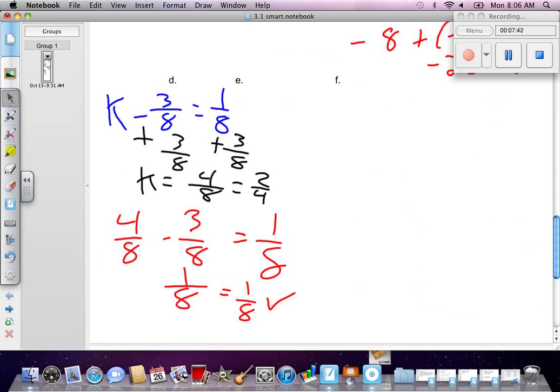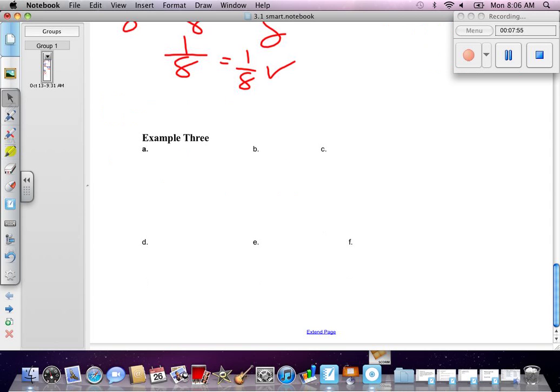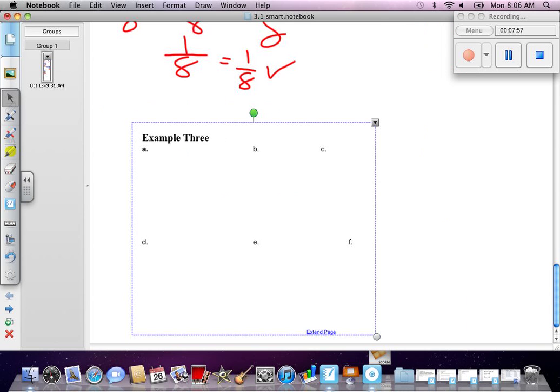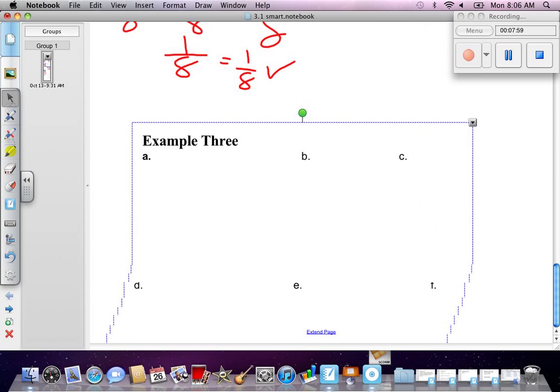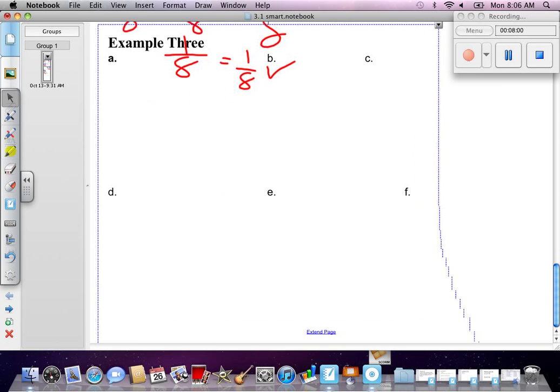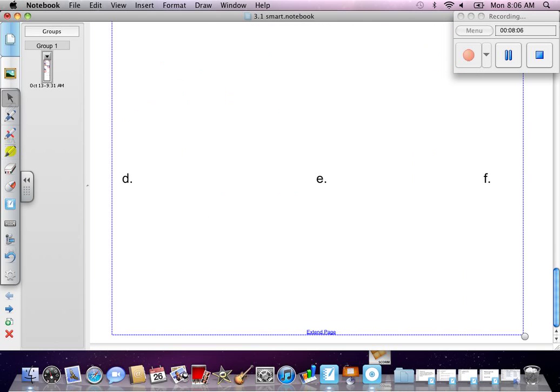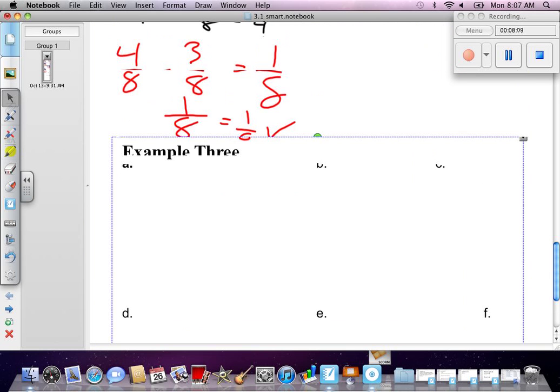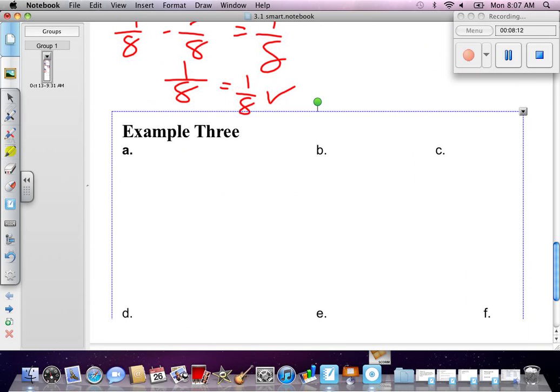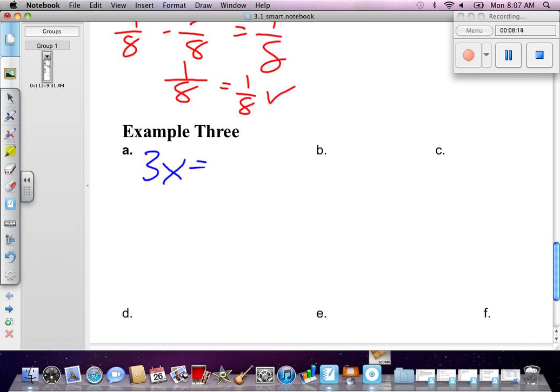Okay, let's do some with multiplication. Let's move on to example 3. Okay. Example 3, we've got 3x equals 15.